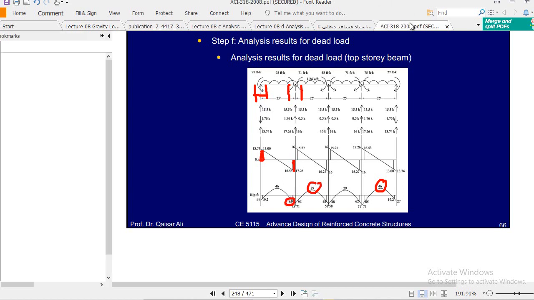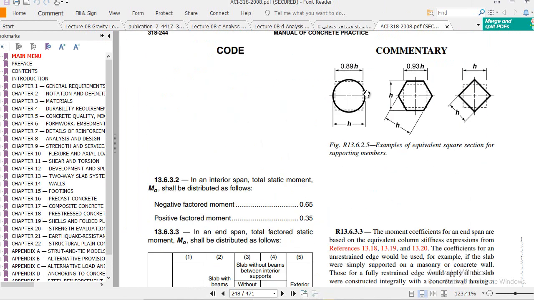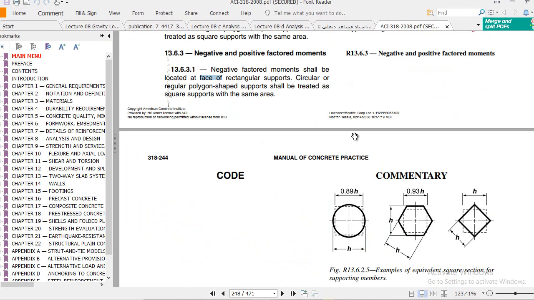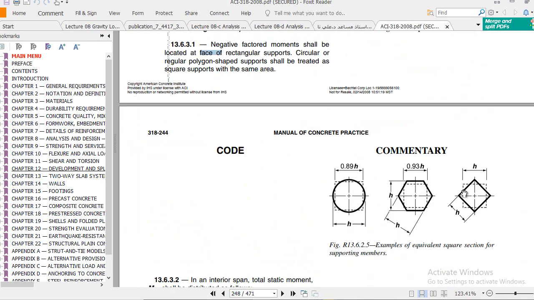Remember, here you see the ACI code. The ACI code basically explains that if you have a circular column, or a polygon type of column, or a column which is not aligned with your longitudinal and analysis direction, you have to rotate this and consider it as a square shape.